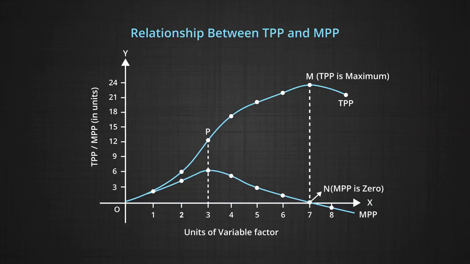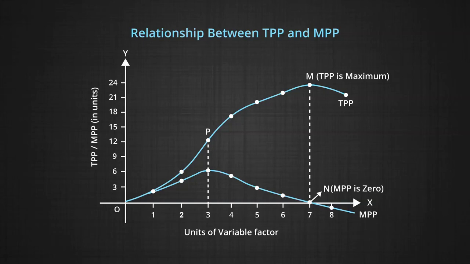On the x-axis, we have taken the units of the variable factor, and on the y-axis, we have taken the production curves as TPP and MPP. With the employment of the first unit of the variable factor, keeping land fixed, TPP is increasing at an increasing rate till the point P. Beyond P, TPP still increases, but it increases at a decreasing rate.